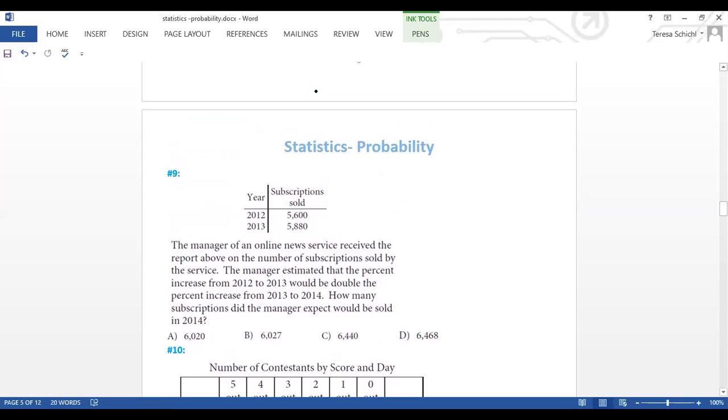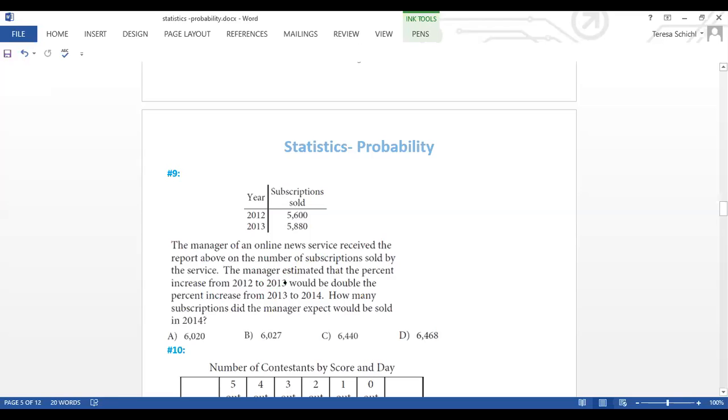Okay, so let's take a look at number 9 here. They tell you the manager of an online news service received a report above on the number of subscriptions sold by the service.